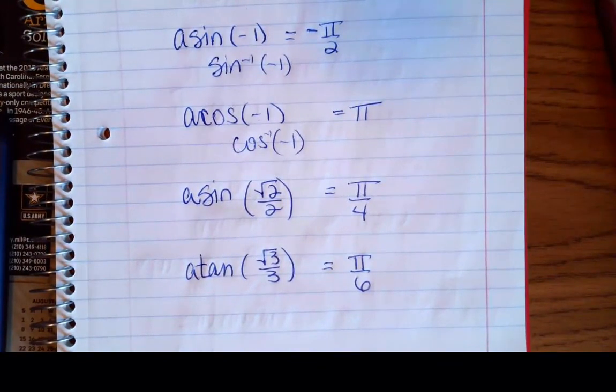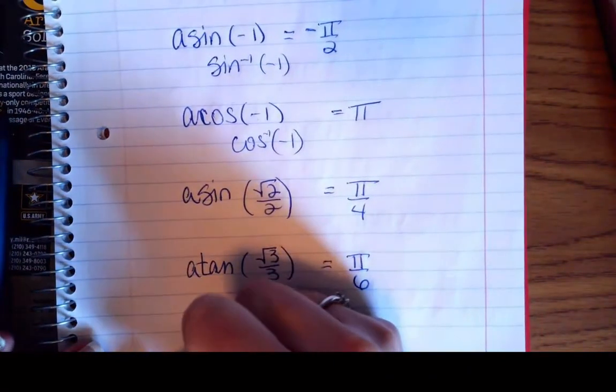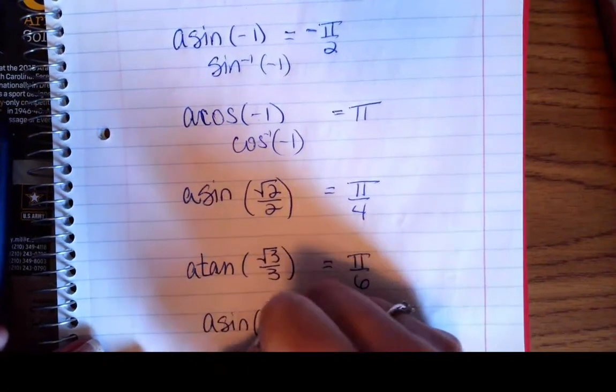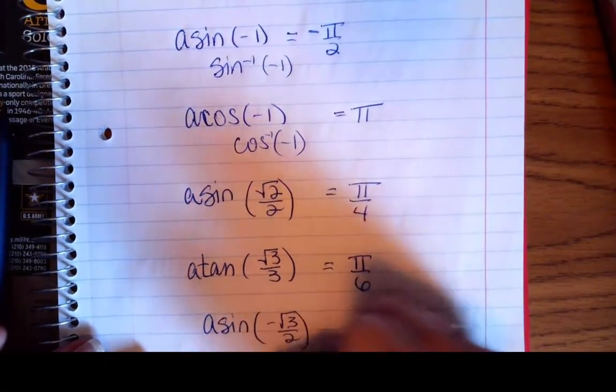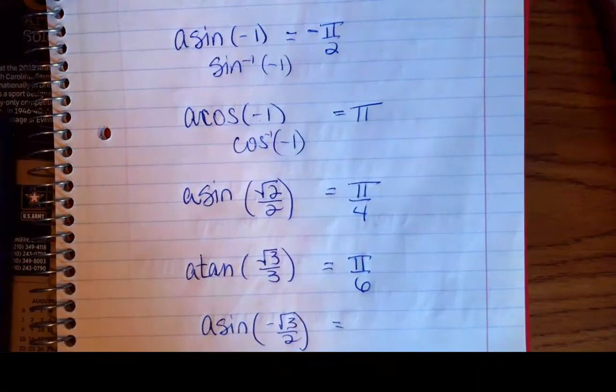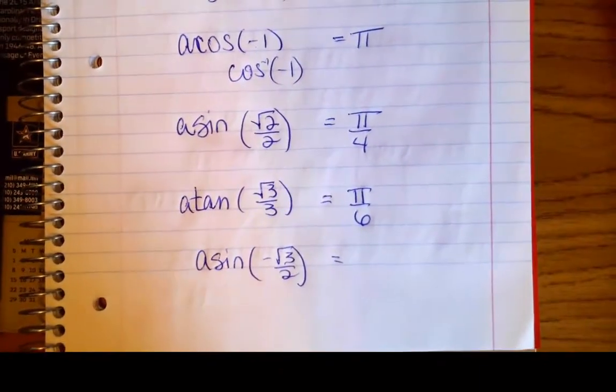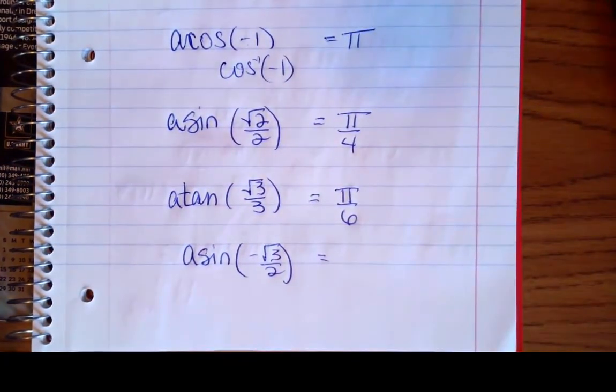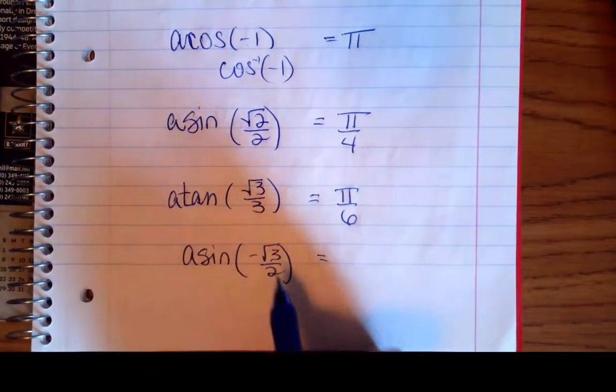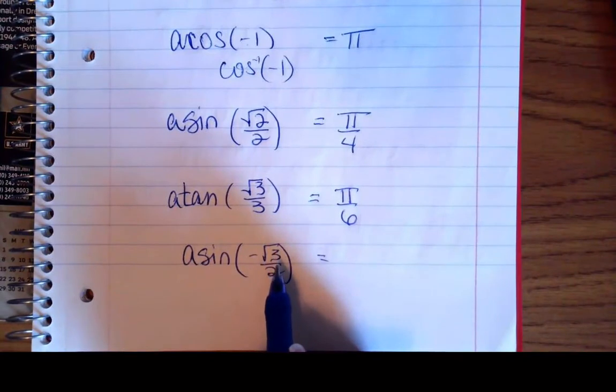Okay, so let's do another one. What if I have the arcsine of negative √3/2? Arcsine is allowed to live on the right side of the unit circle, sweeping down into quadrant 4 and up into quadrant 1. I've got a negative ratio, which means I'm in quadrant 4.